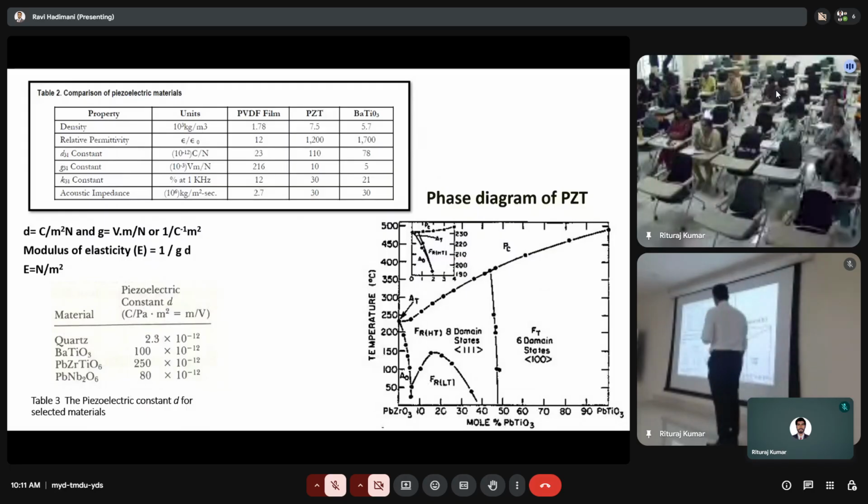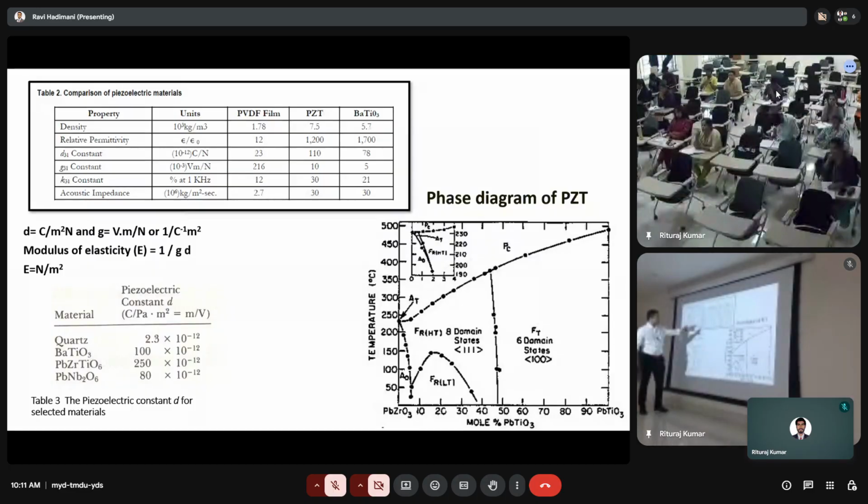Whereas the G31 constant is how many millivolts you generate per Newton. This is charge, this is millivolt. No, this is voltmeter, this is millivoltmeter, okay?